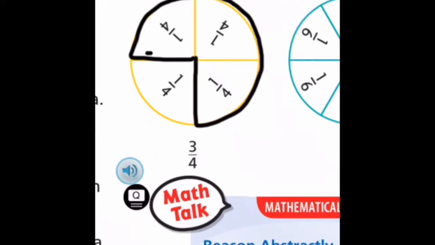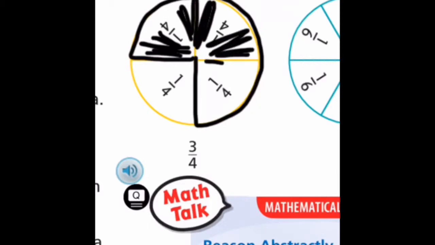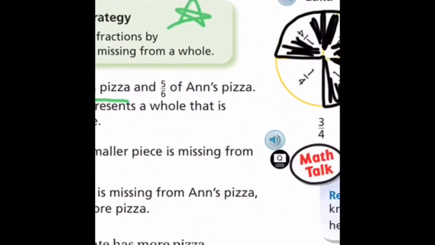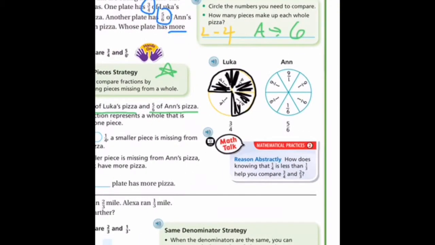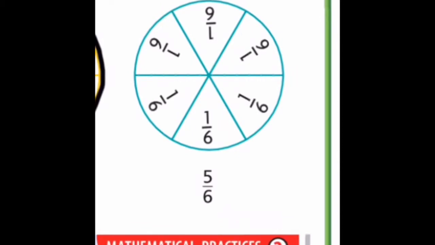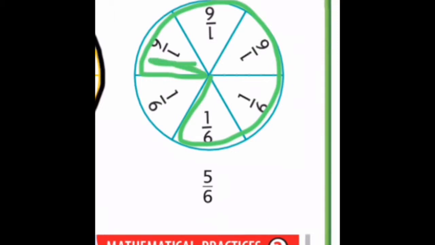Okay, so this is what I'm shading in right here. That's 3/4. And then Anne's pizza was 5/6. So we're going to shade in 5/6 of her pizza, which is all of those slices right there. 5/6.